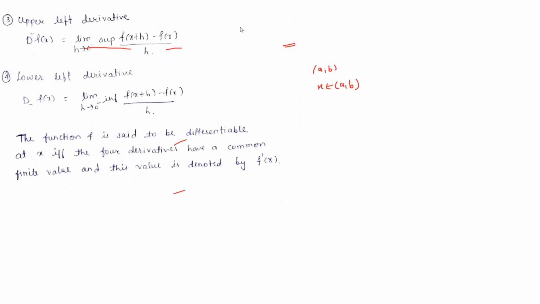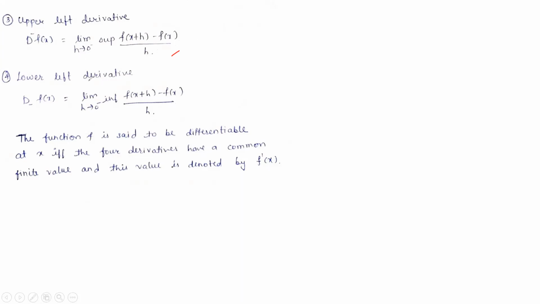Then the upper left derivative is D minus f of x equals limit h tends to 0 minus supremum of (f of x plus h minus f of x) upon h. And the last one, the lower left derivative, is D minus f of x equals limit h tends to 0 minus infimum of (f of x plus h minus f of x) upon h.